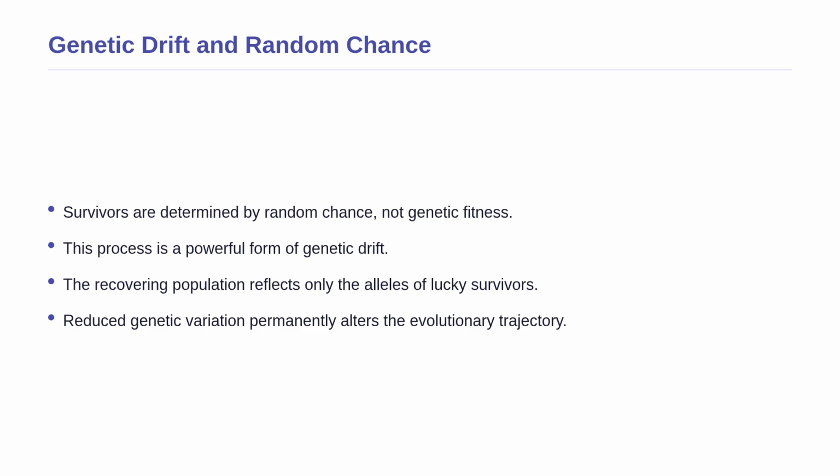As the population eventually recovers and grows in numbers again, its genetic composition will only reflect the alleles, or gene variants, of those few lucky survivors. Consequently, the new population has significantly reduced genetic variation, which can permanently alter its evolutionary trajectory moving forward.